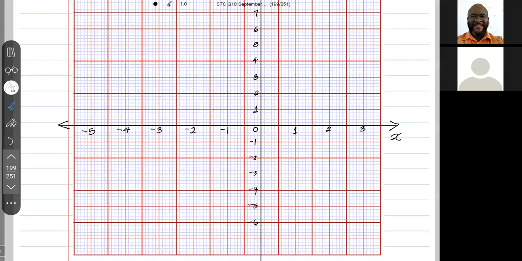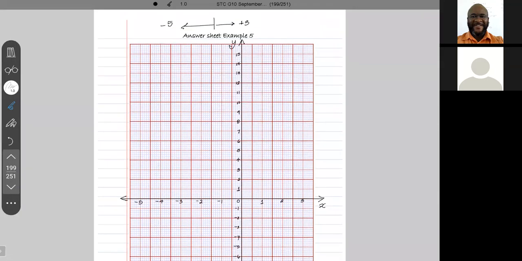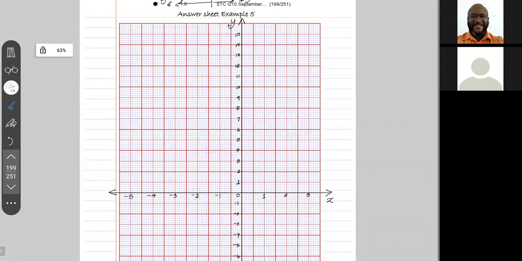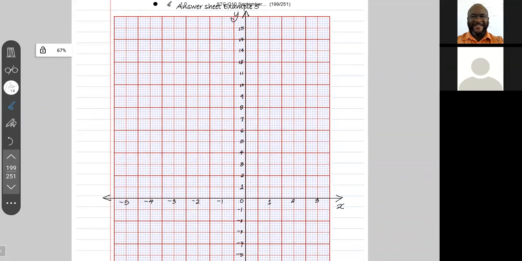You guys can probably help me there. The first point is -5, 12. So this is the vertical line, x is equal to -5, and the horizontal line, y is equal to 12.